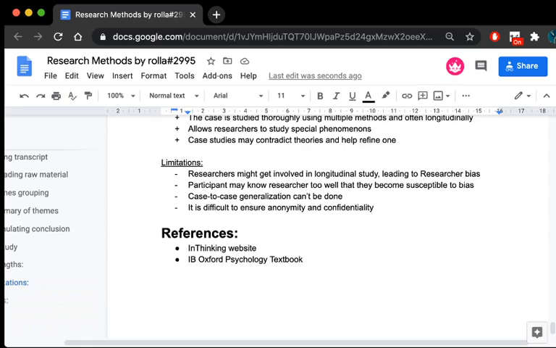Also because of this, there might be cases where the participant is already reported by the media, because they found out about the case through a media sensation that reported a certain criminal case or something like that. So most of the time, the participants' anonymity and confidentiality may have been exposed.